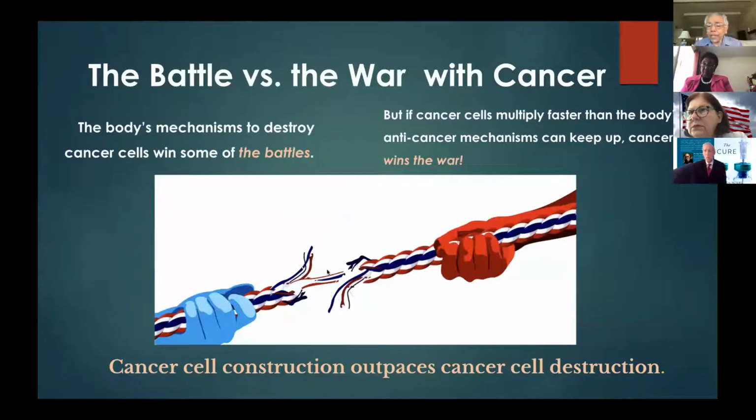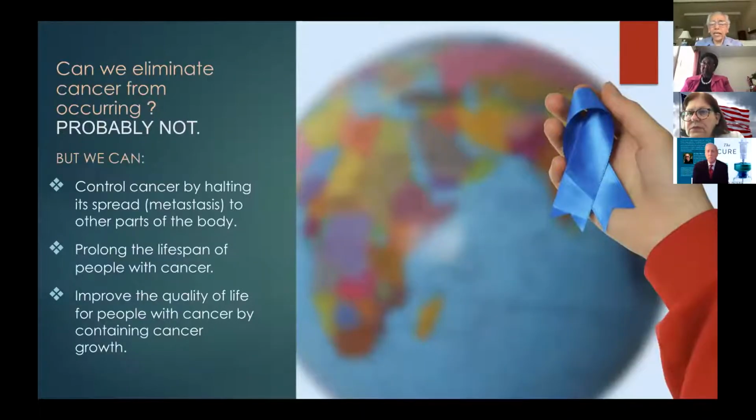So cancer happens because, on the one hand, the body has mechanisms to destroy cancer cells, but on the other hand, if they multiply faster than the body's capability to destroy them, then you have cancer. So can we eliminate cancer completely?